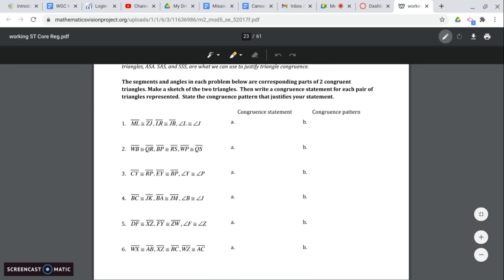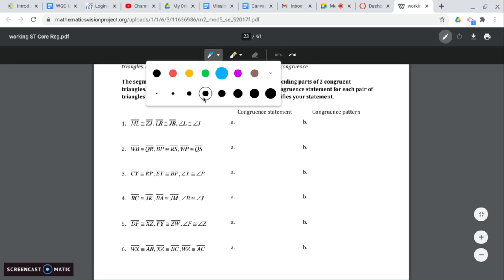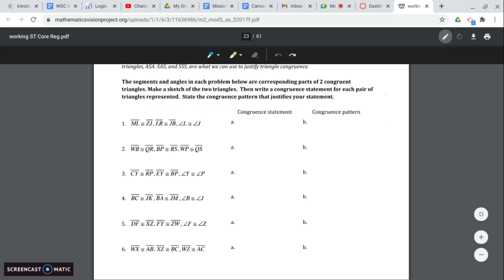So I'm going to draw them over here, hopefully. Whoops, that's too thin to see. Okay, sorry about this. So we've got a side of our triangle and it's named ML. We have another triangle with a side named ZJ. So we just draw a side and label it in the order that it's given.